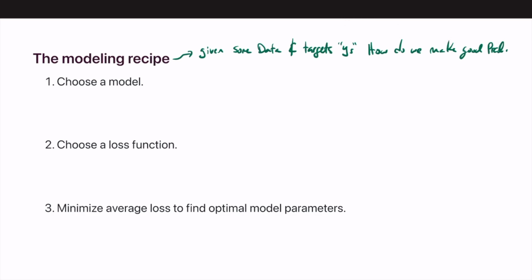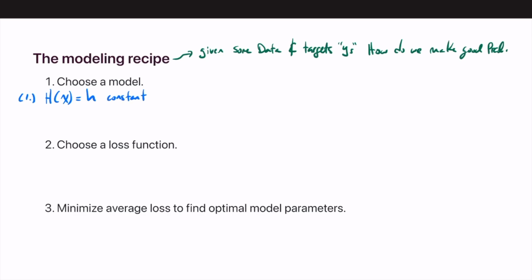And we've seen that the most important thing to start with is to choose a model. And we've looked at several models. We've looked at the constant model, for example, which would just be our hypothesis function, and that's going to equal just some constant.